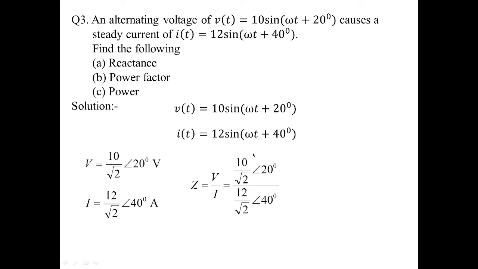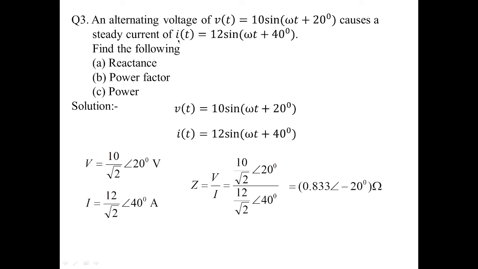So RMS value of voltage is 10 by root 2 at an angle 20 divided by current, which is 12 divided by root 2 at an angle 40, which is going to give you the value of impedance in polar form as 0.833 at an angle minus 20 degrees. Don't get confused with this minus. Stick to the problem.